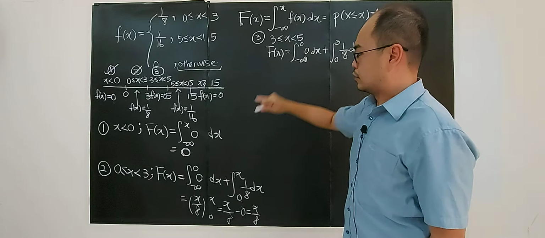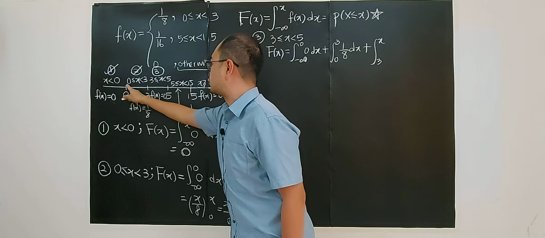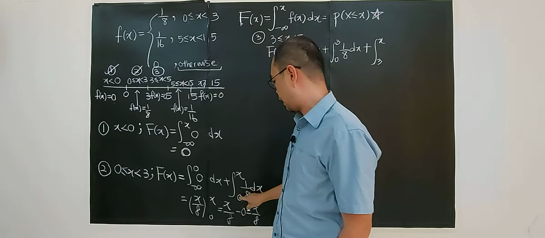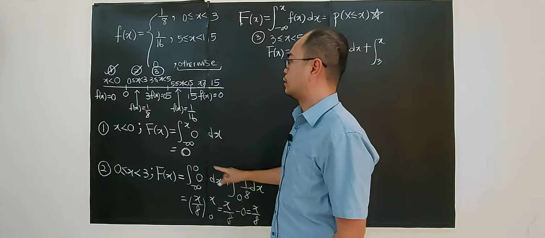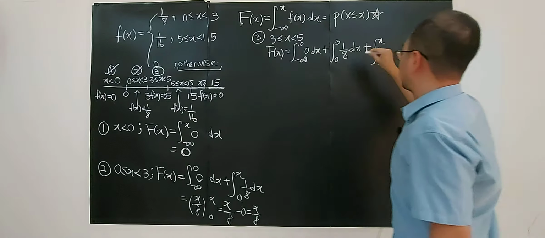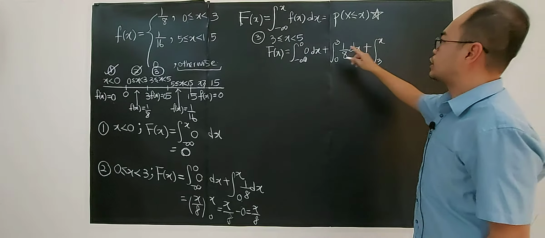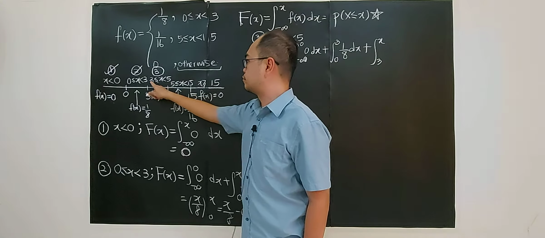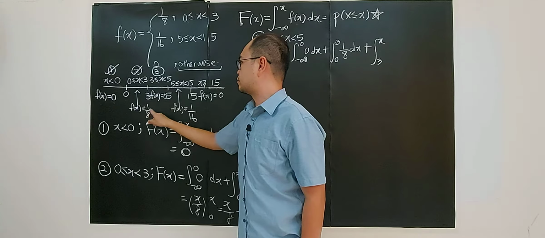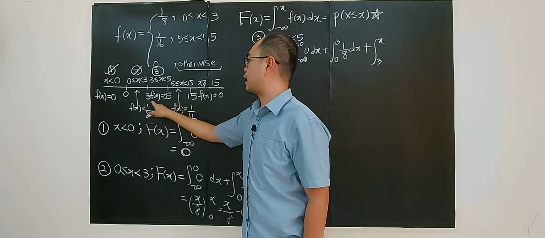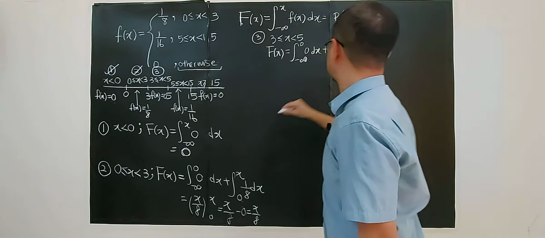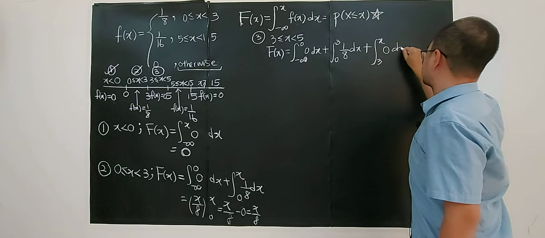For the second interval, I stop at x from 0 up to x. Try to see the pattern. So 3 up to x. During this interval, what is your f(x)? Your f(x) is 0 otherwise, so it's 0 dx.